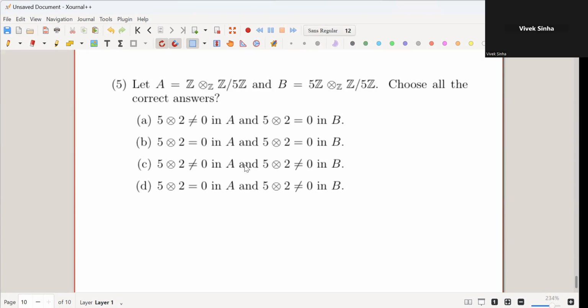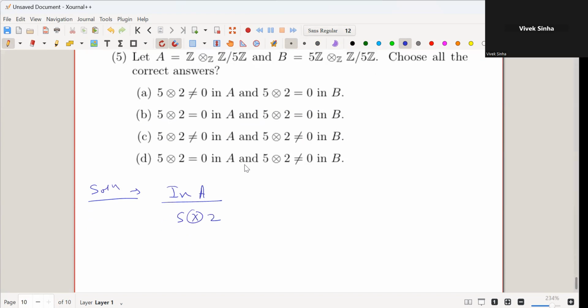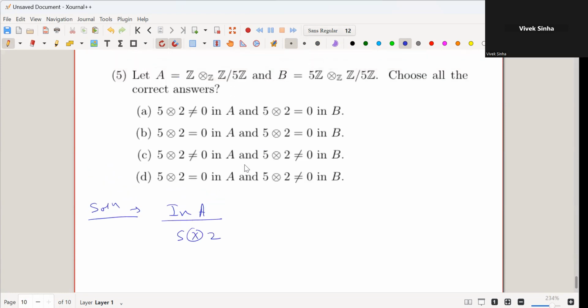So we have to see whether 5 tensor 2 is 0 in A and whether it is 0 in B. This is very easy to see actually. In A, which is Z tensor with Z modulo 5Z, we just need elements from Z. So we can write it like 1.5 tensor with 2.